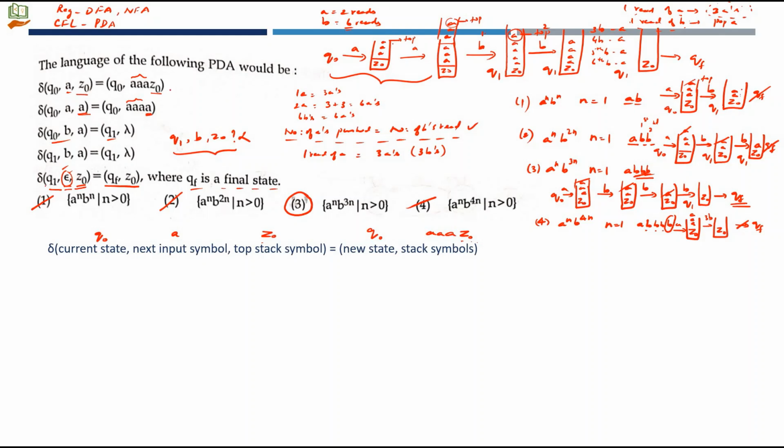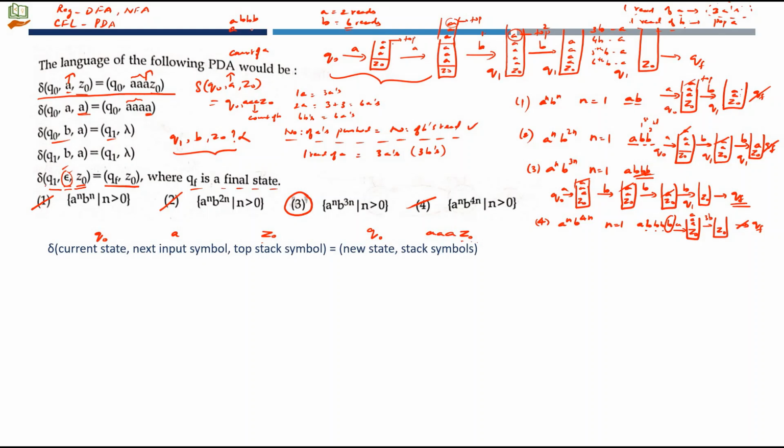By working with this transition, you have to find how many A's are inserted at a time. So however many A's are inserted, that many B's will be involved. So this will give the count of A and this will give the count of B. So when you take delta of Q0, comma A, Z0, this is actually the count of A. When we say it is equal to Q0, triple A, Z0, this will be the count of B, which means for 1 A we are having 3 B's.